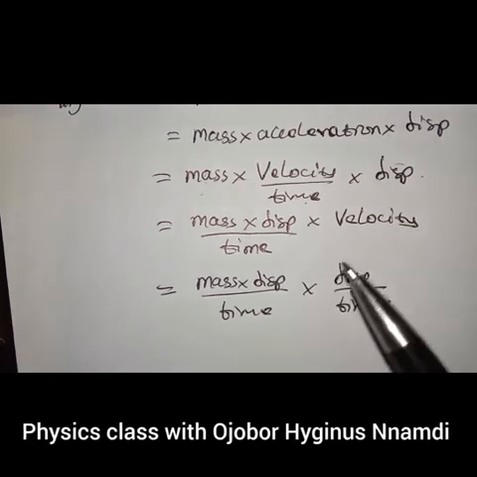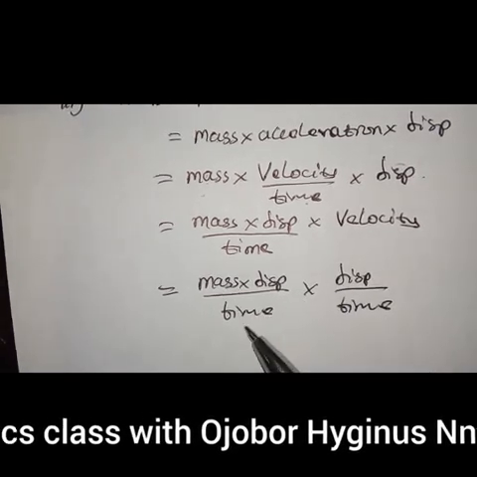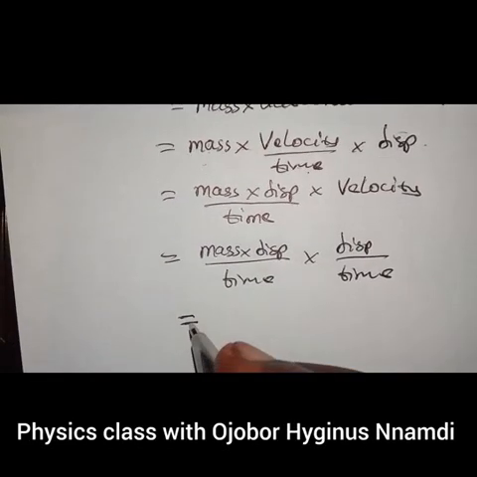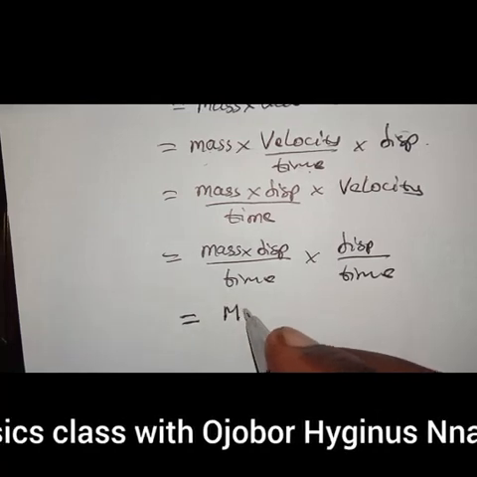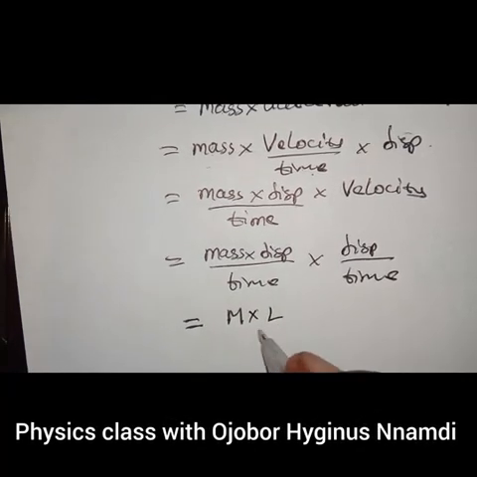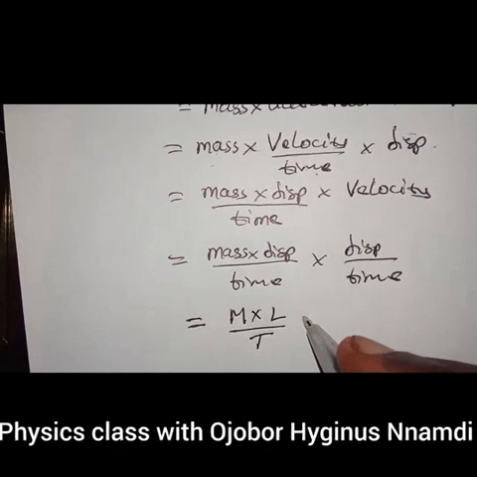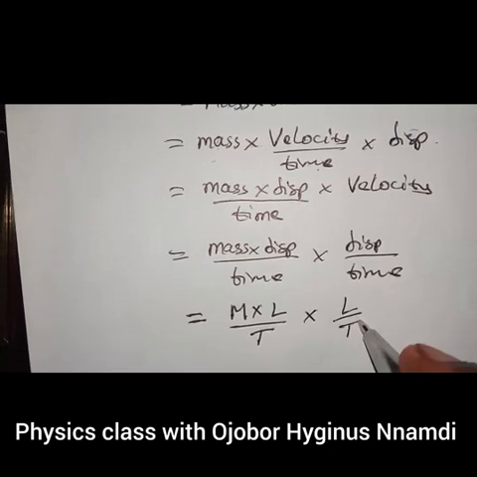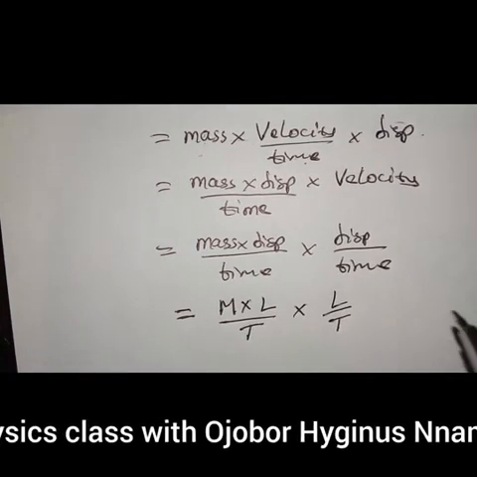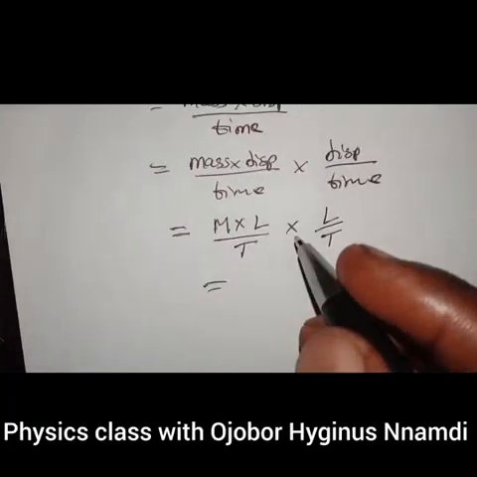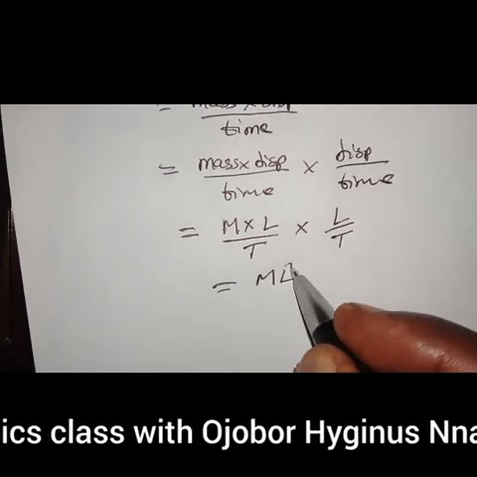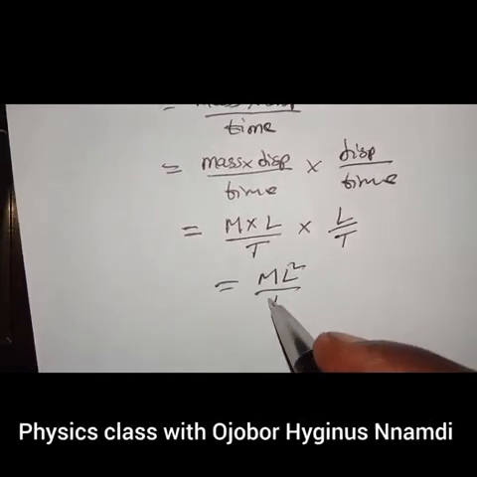So if you look at these now, displacement, mass, time, all of them are fundamental quantities. We can now represent them by their dimension. The dimension of mass is M, the dimension of displacement is L, the dimension of time is T, the dimension of this other displacement is capital L, dimension of time is capital T. If you put it together, we have mass times length is M L squared, T times T is T squared.